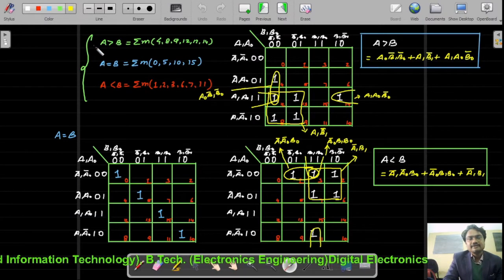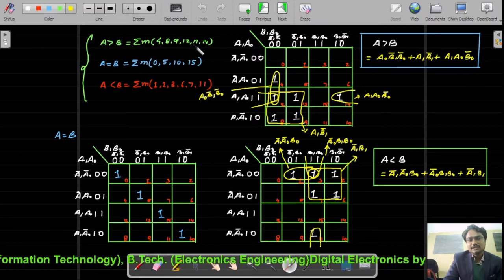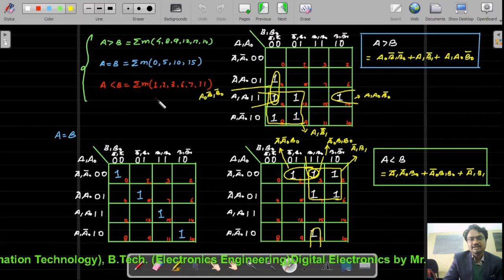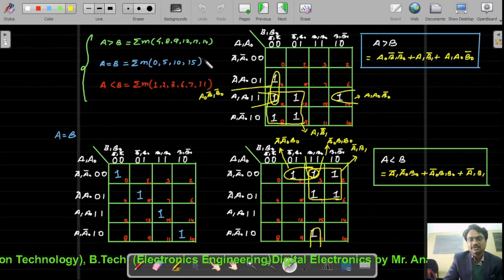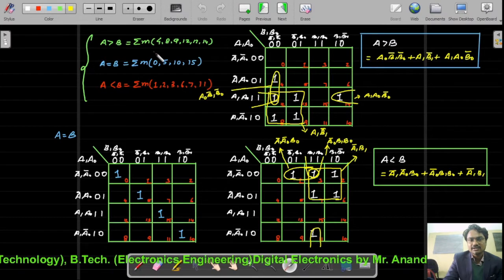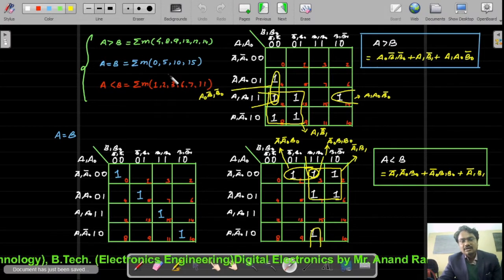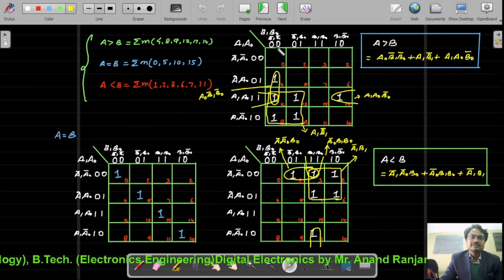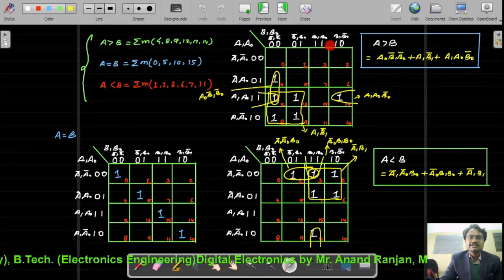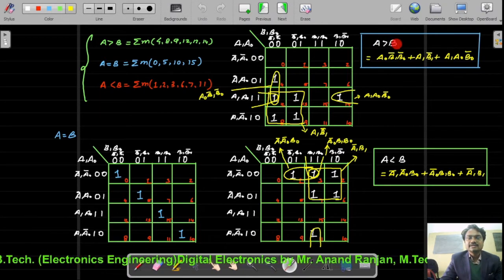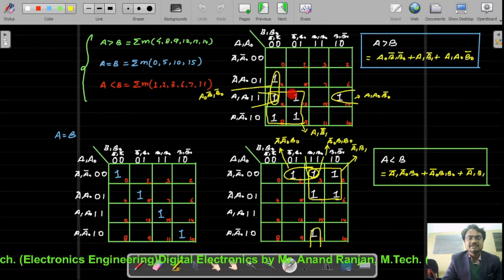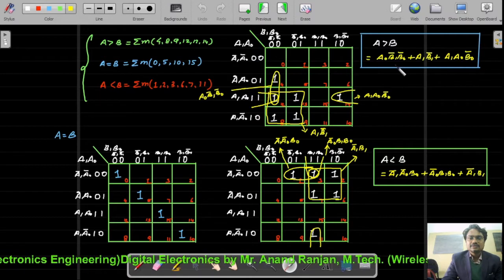Next, we try to simplify these Boolean expressions using the Karnaugh map, to see whether we will be able to get reduced or simplified Boolean expressions for these three. This first K-map we draw for a greater than b and put all these minterms inside the K-map, and then we try to simplify it.